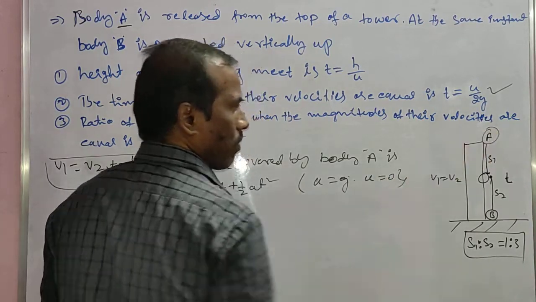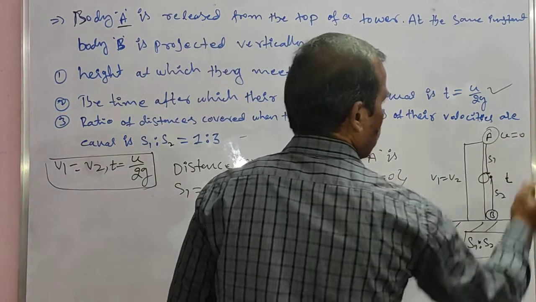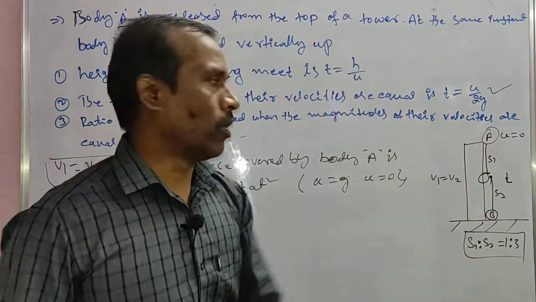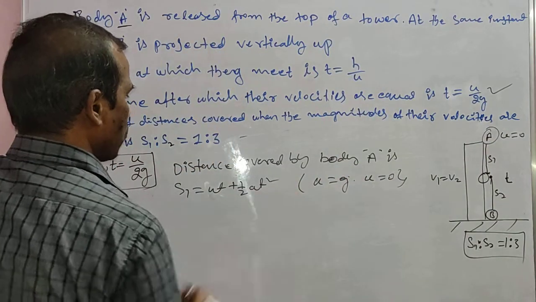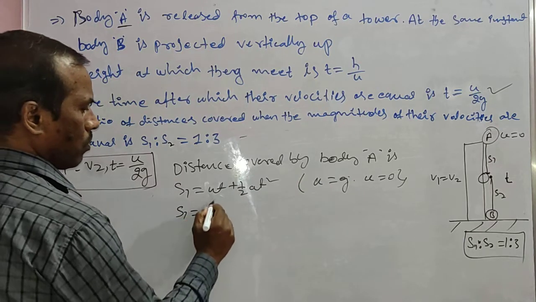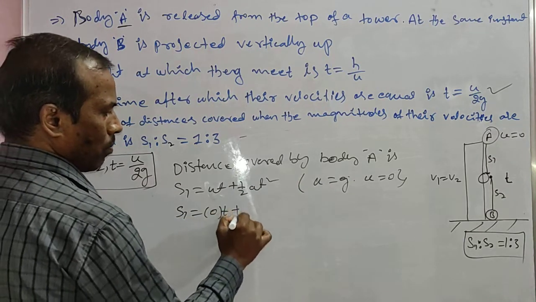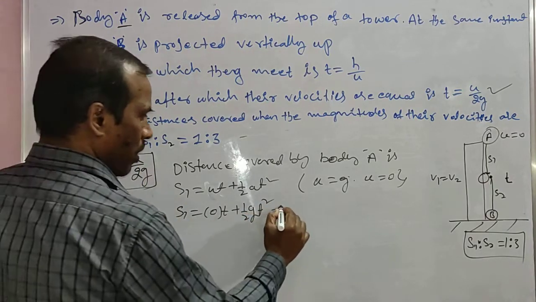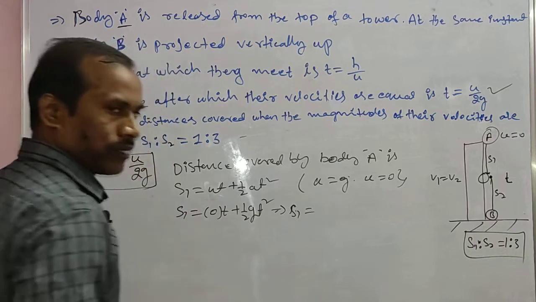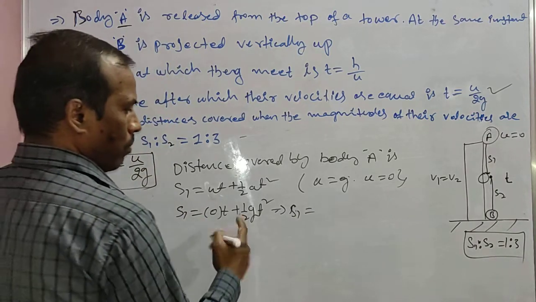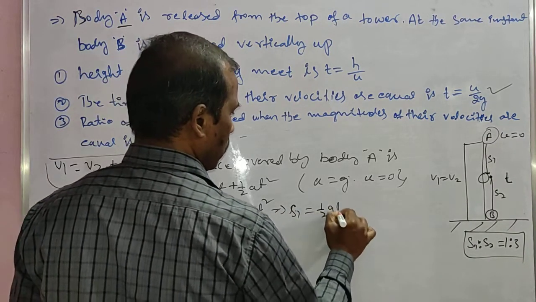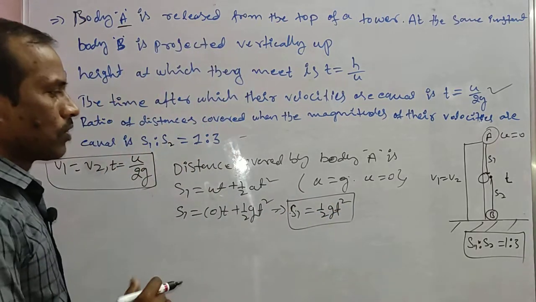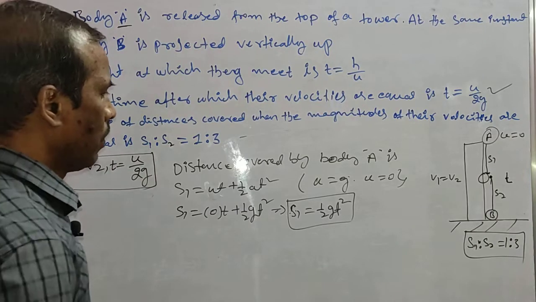That means the initial velocity of body A, a freely falling dropped body, is zero. Substituting, S1 is equal to 0 into t plus half gt square. So S1 is equal to half gt square. We could take a direct step, but I am explaining for the concept. S1 is equal to half gt square. Now this is an equation.